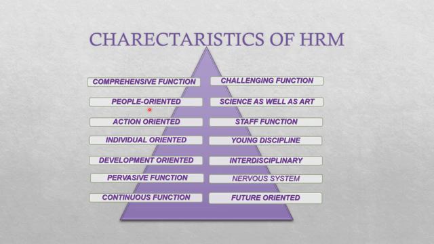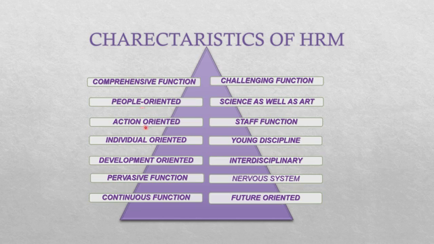It is a management of people. Human resource management is people oriented. It completely revolves around the work and the capabilities and efficiency of people working within an organization. So it is another characteristic of human resource management.